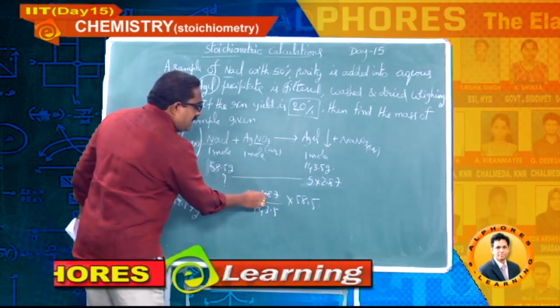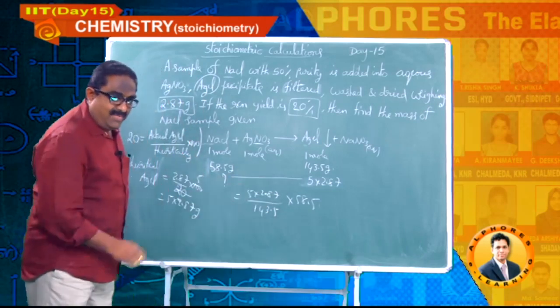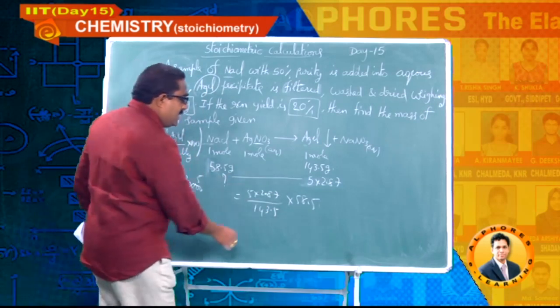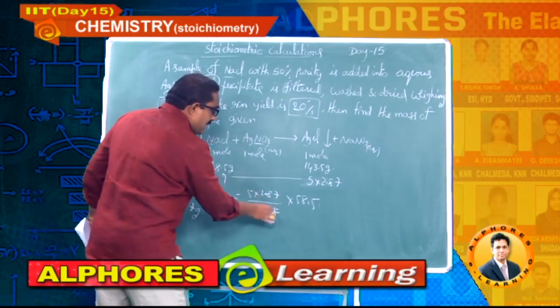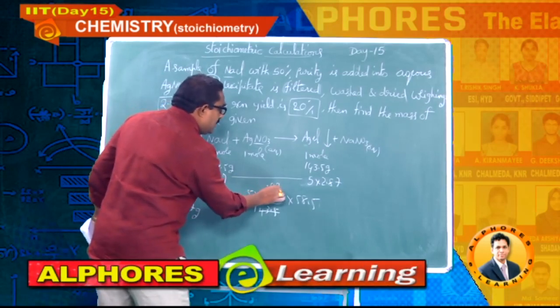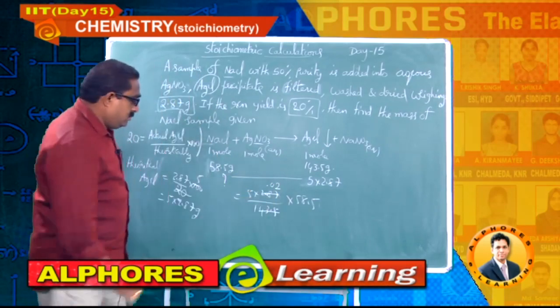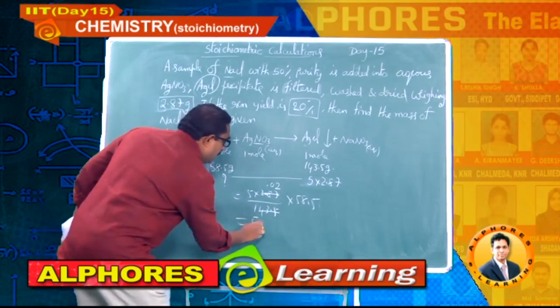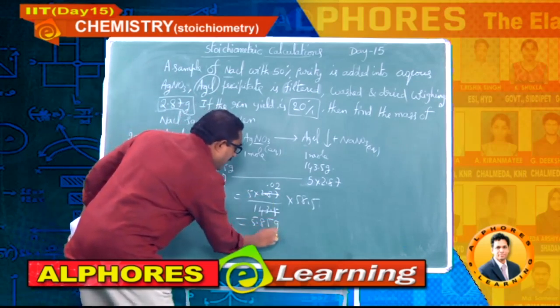Double of this actually, if it is 287, but 2 digits are there. So this is nothing but 0.02. So it is 5.85 grams.